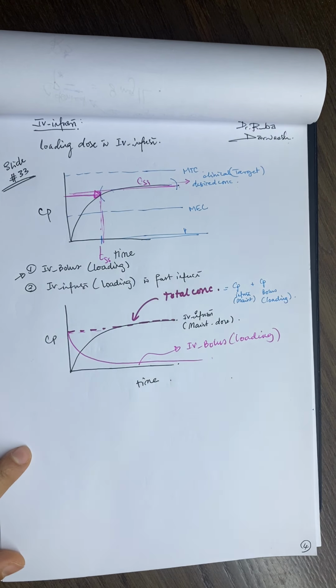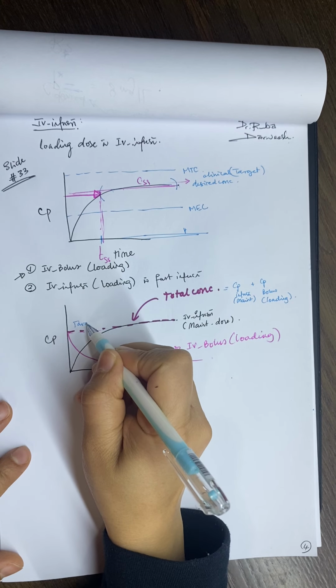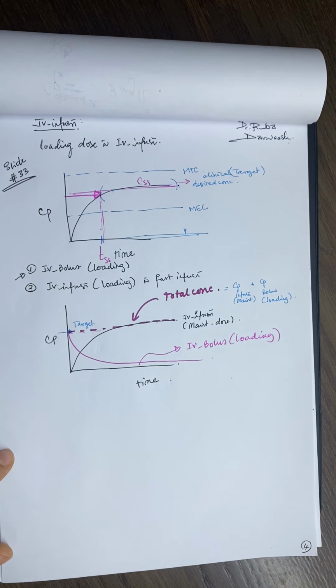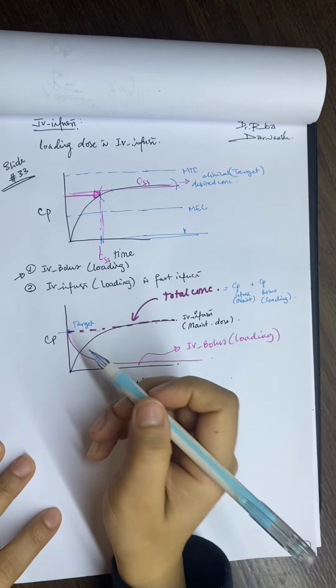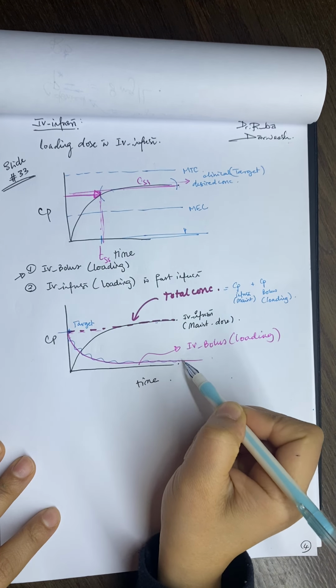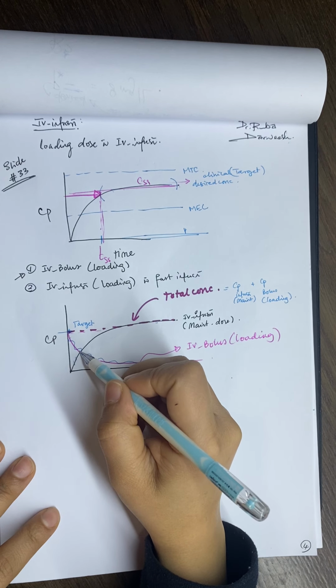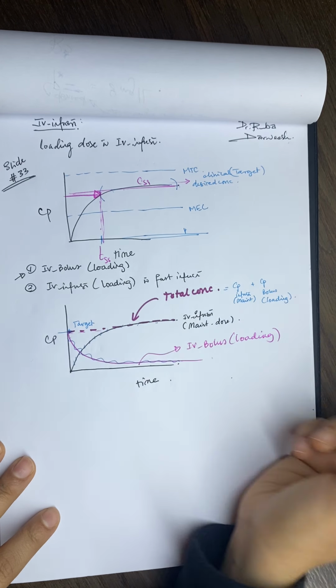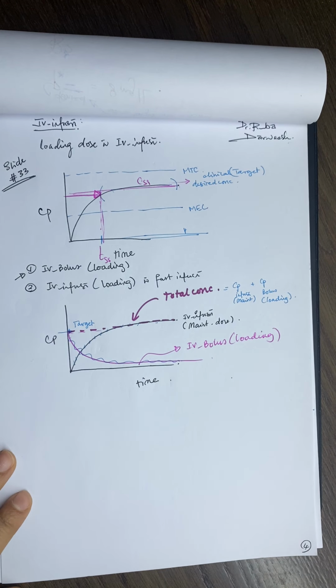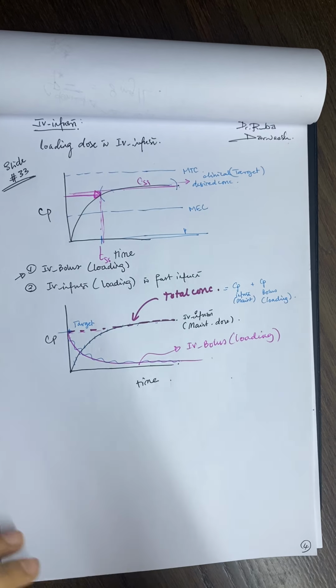So this is the total concentration, and our target, as I said, is to have the steady state of the maintenance directly. To get the total concentration, I need to know the concentration of this at different time points, and the concentration of this at different time points, right? So first, let's go with the IV bolus.